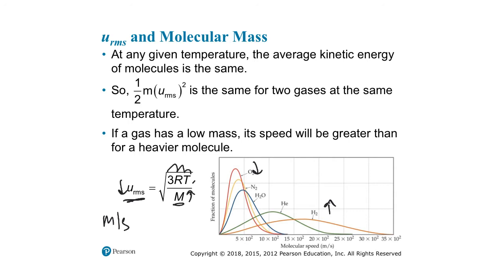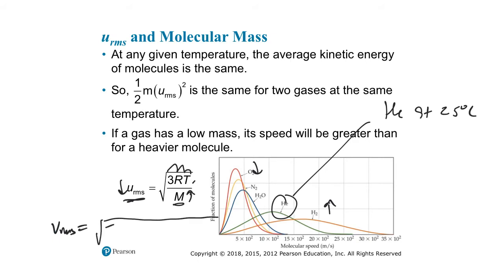So what does that mean in terms of units? Well, let's imagine we're trying to calculate the root mean square velocity. Let's just pick a gas. Let's say we're trying to calculate this for helium at 25 degrees C. So we're going to take the root mean square velocity as the square root of 3 times 8.314 joules per mole Kelvin times 298 Kelvin, so the temperature cancels out.